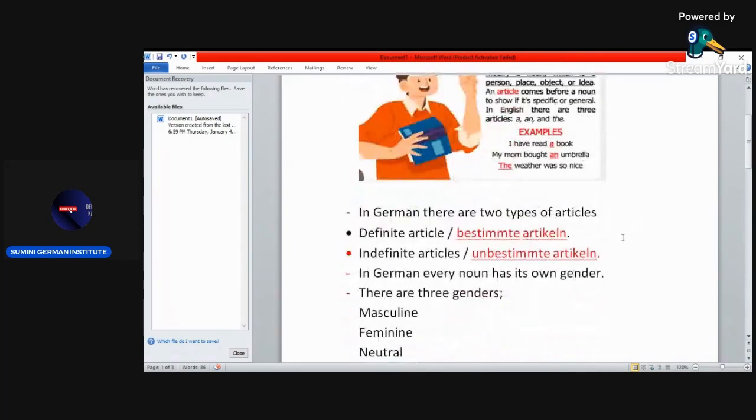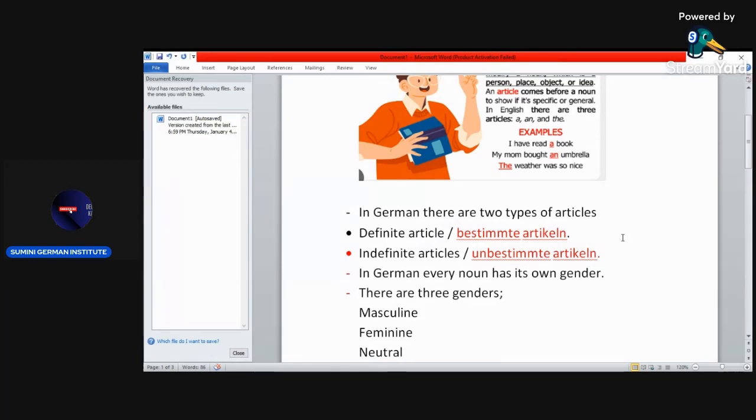In German, there are two types of articles, same as English. There are the definite articles and the indefinite articles. The definite articles in German are referred to as bestimmte Artikel, and the indefinite articles are called unbestimmte Artikel.